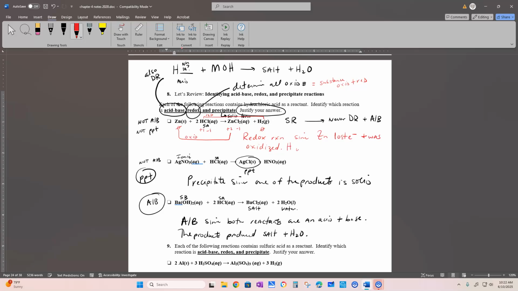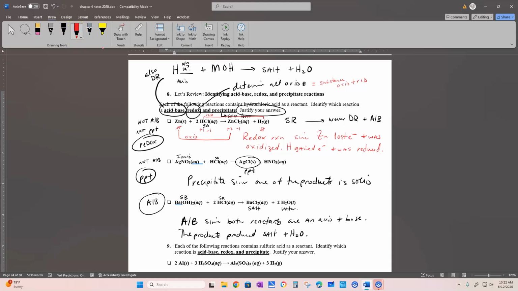Hydrogen, let me first say, gained electrons and was reduced. And there you go. Always check if the other ones were reduced or oxidized, because remember, you can have redox on other types. So definitely redox. Okay? All right, so let's check this.